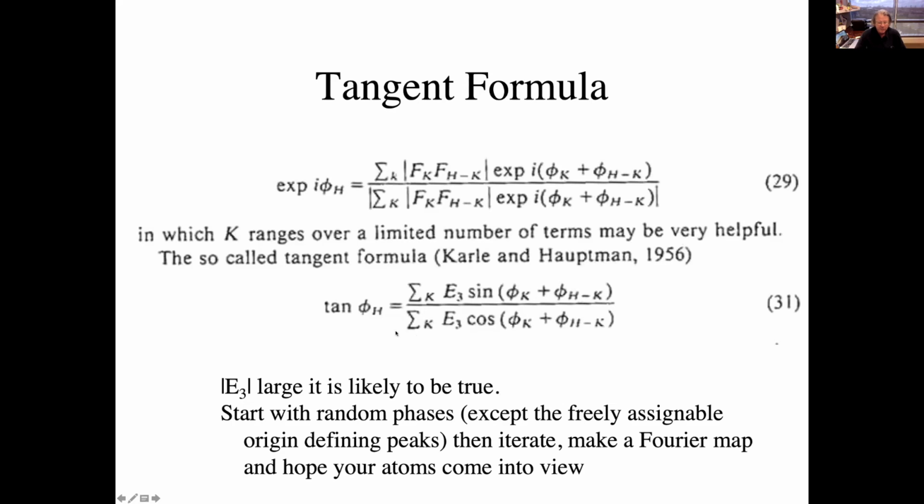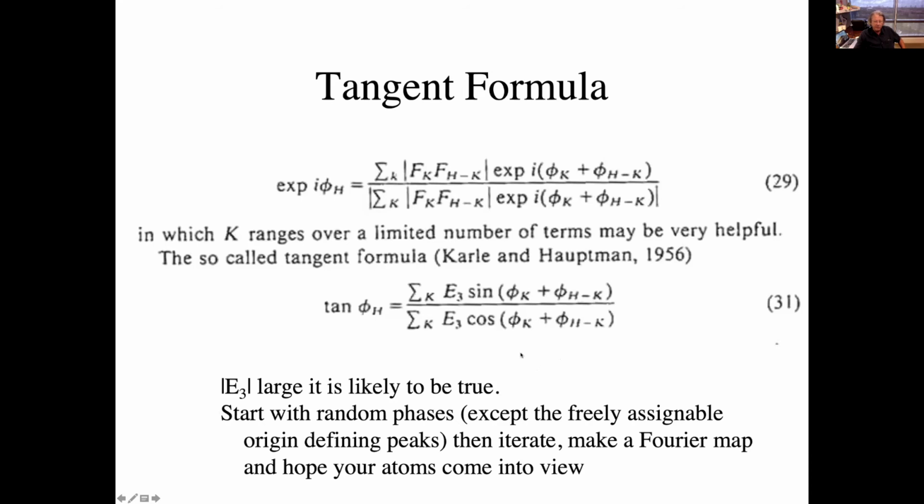And you can actually predict the phase of the H reflection given the K and the H minus K reflections. And so the way this plays out, again, if you have point atoms in a vacuum, you can start with random phases. You may or may not know that you can get freely assignable origin defining phases.